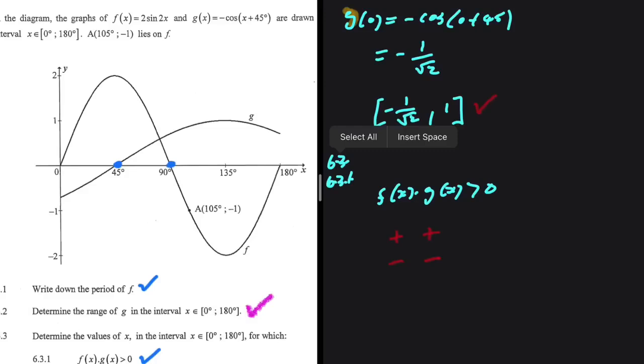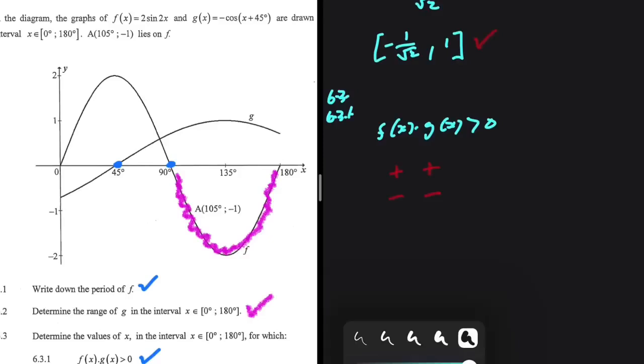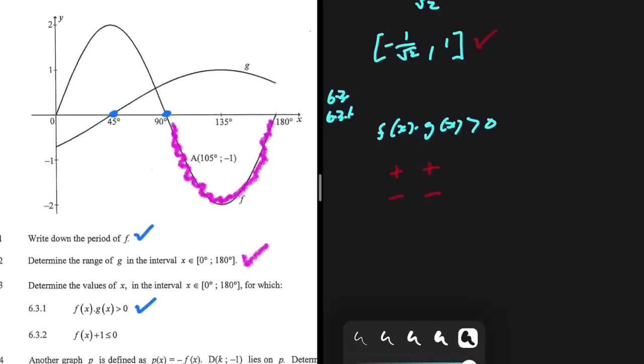But after 90 degrees, you can see that f of x starts being negative, up until 180 degrees. So we can clearly see that the values of x for which f of x multiplied by g of x is greater than 0 is when x is between 45 degrees and 90 degrees.